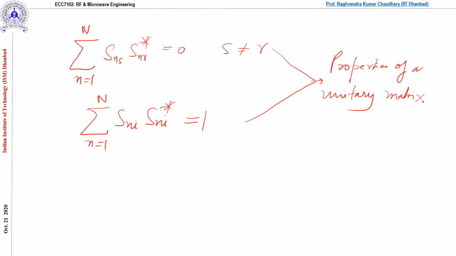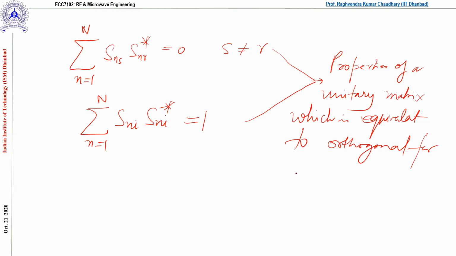I believe you know the unitary matrix, which is equivalent to orthogonal for a real matrix. Let us quickly recall what a unitary matrix is.